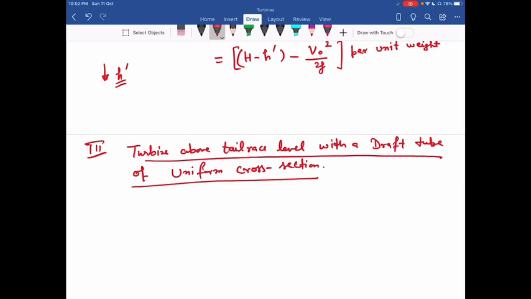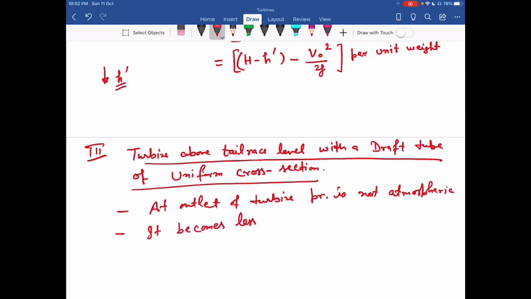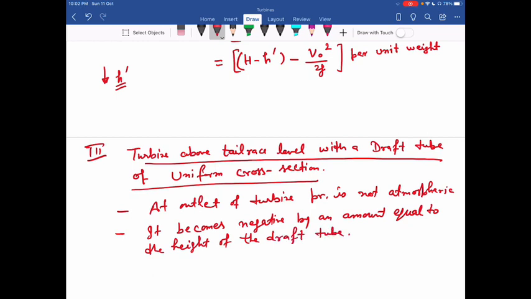So for that, first I write this thing: at outlet of turbine, pressure is not atmospheric, and second thing is it becomes less than, or you can say it becomes negative by an amount equal to the height of the draft tube. Now this thing I have to prove now.